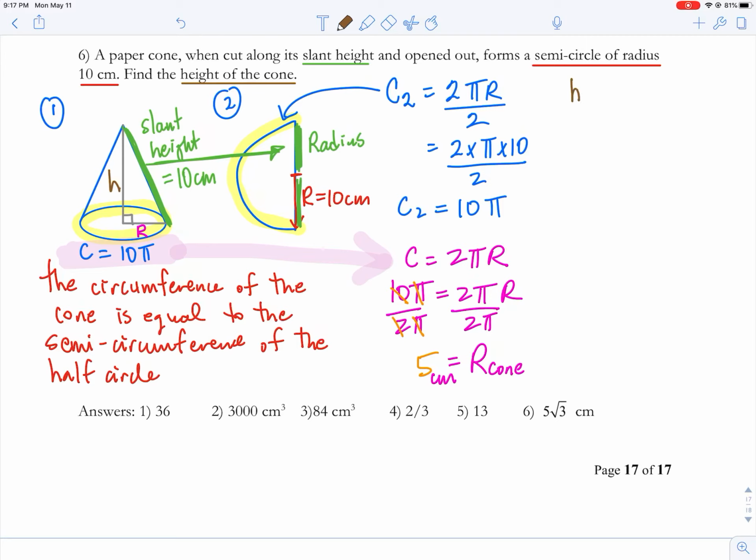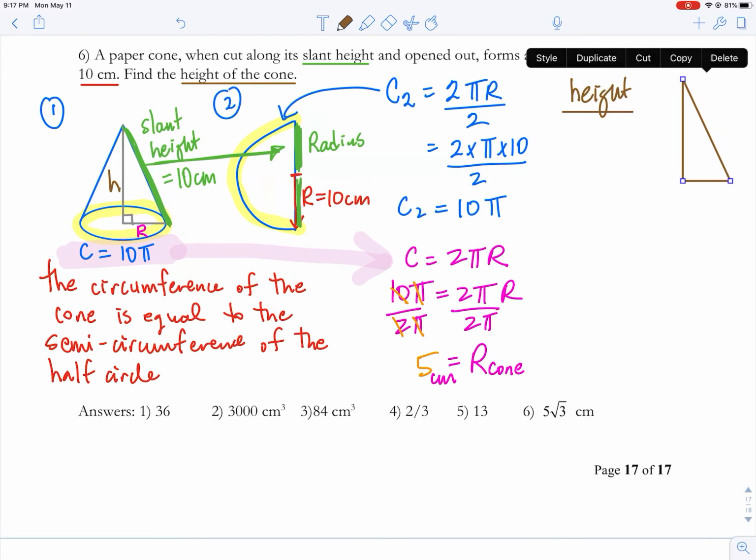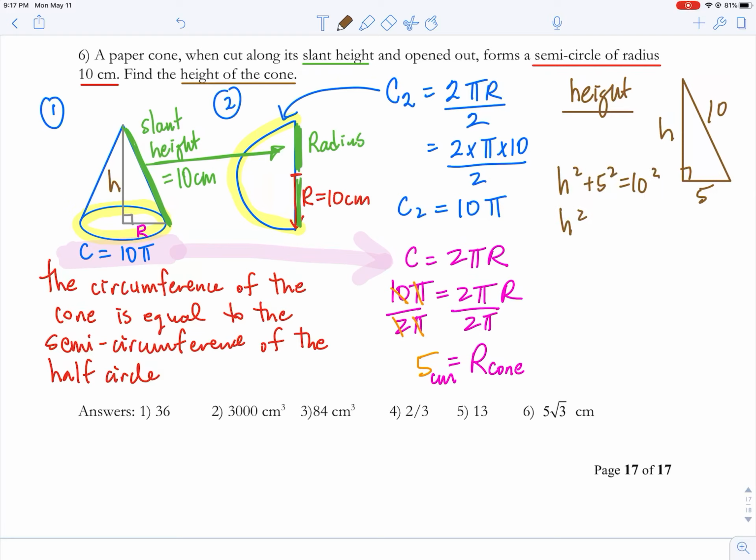So now to find the height of the cone, we have a triangle that's got height h, radius of 5, slant height of 10. So we know that h squared plus 5 squared equals 10 squared. H squared plus 25 equals 100. H squared equals 100 minus 25, which is 75.